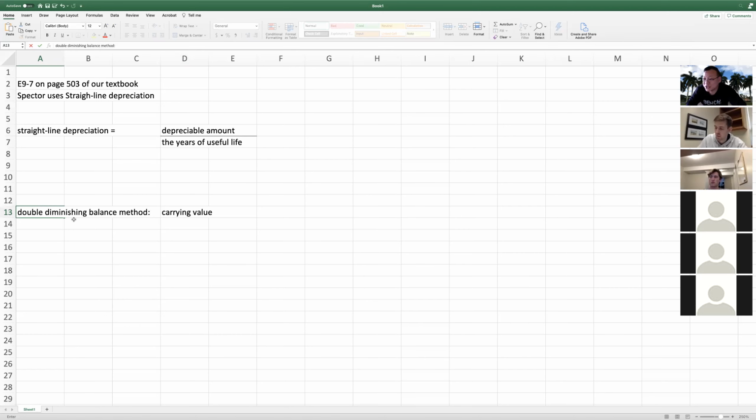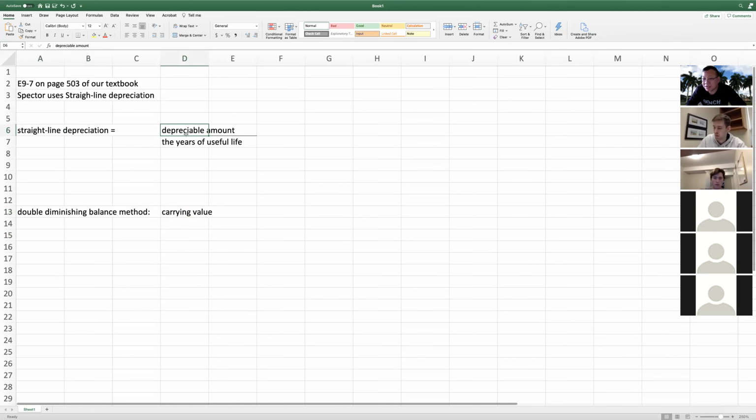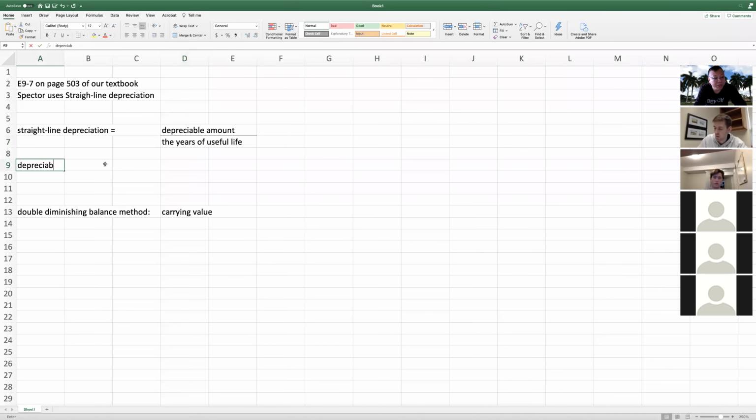That's the time you don't talk about depreciable amount. You are using carrying value times depreciation rate, right? For straight line depreciation, you use depreciable amount divided by the number of years of useful life. Can anyone tell me how to calculate depreciable amount? Total cost minus residual value. Okay, minus residual value. Very good.